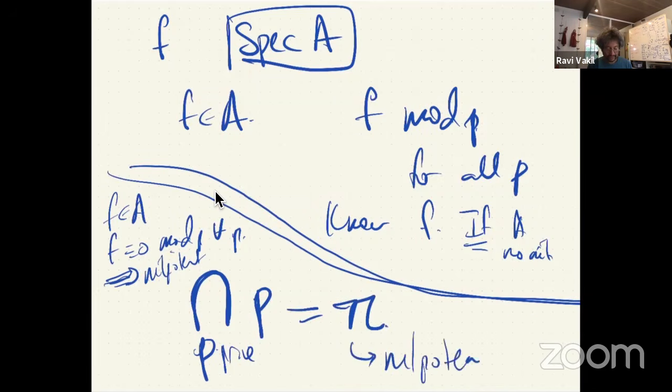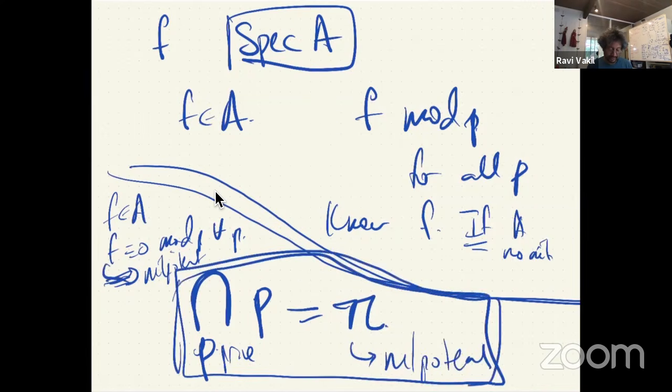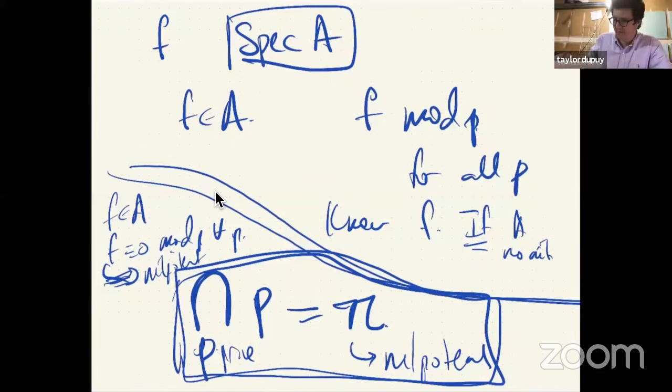So that's an if and only if. This fact ends up being a very formal, dry algebraic fact at first, but in fact it's this fundamental geometric fact that it's the nilpotents that are invisible in terms of their values at points. That's great.